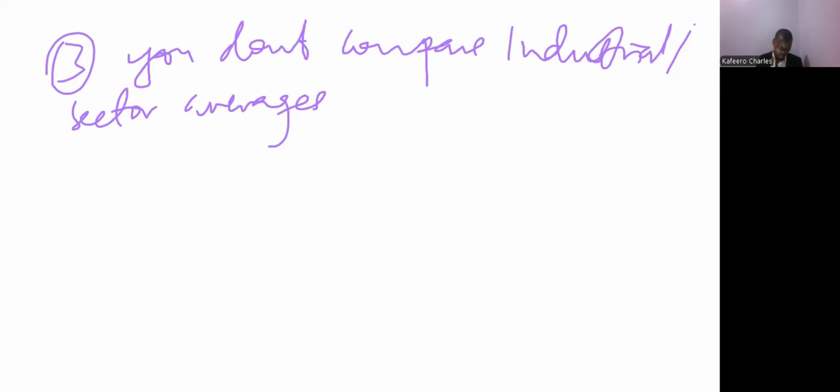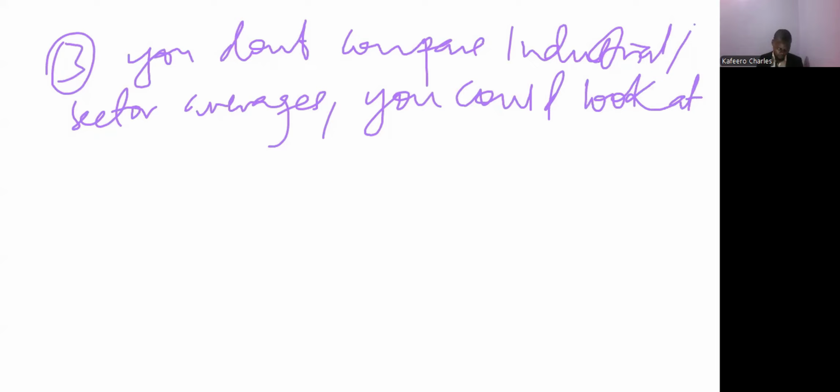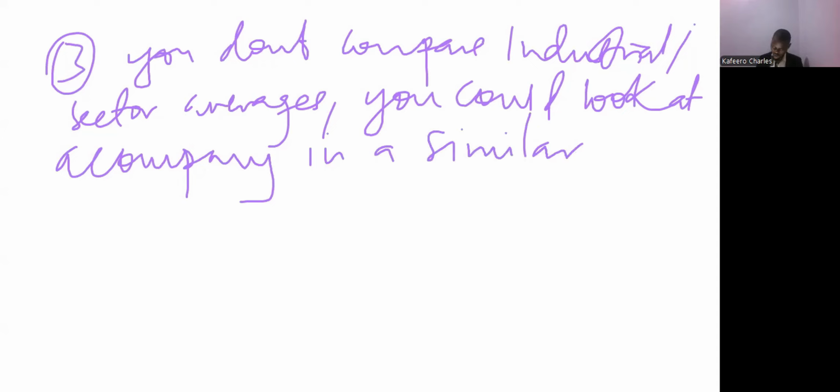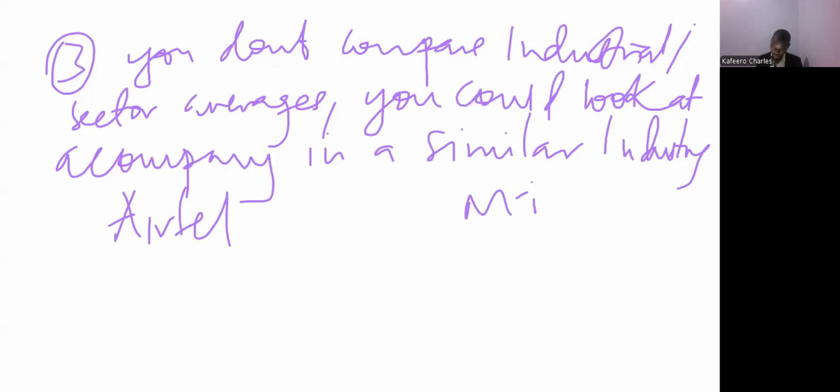Instead, you look at a company in the same or a similar industry. It's different from using the industrial average, because here you go by MTN and Airtel. You compare the performance of Airtel vis-a-vis the performance of MTN.